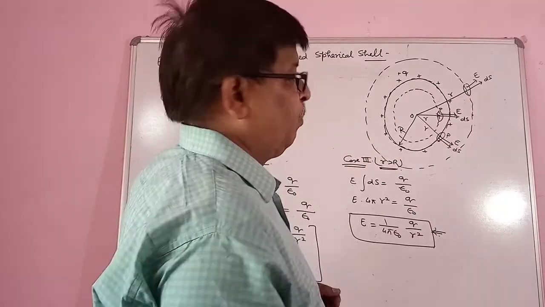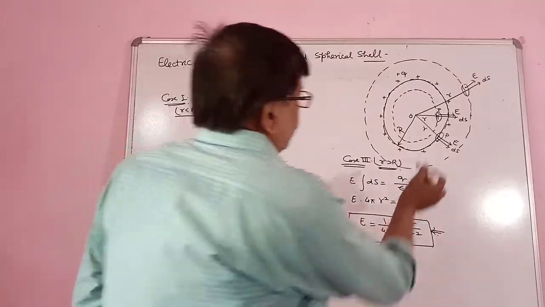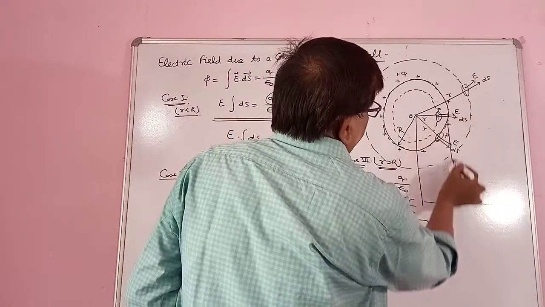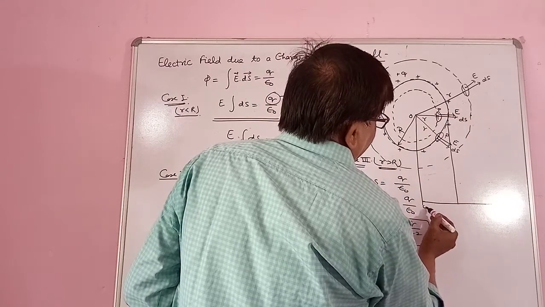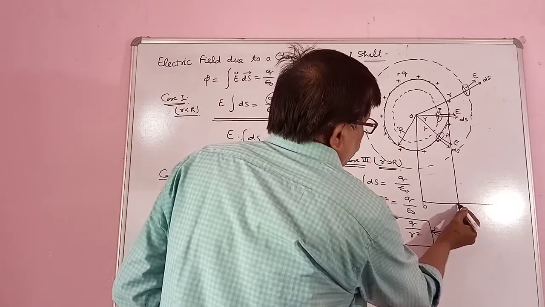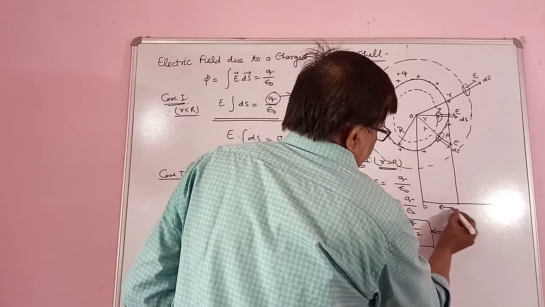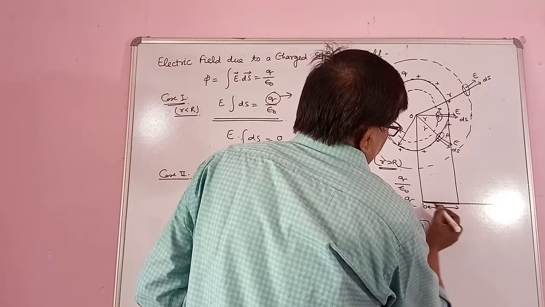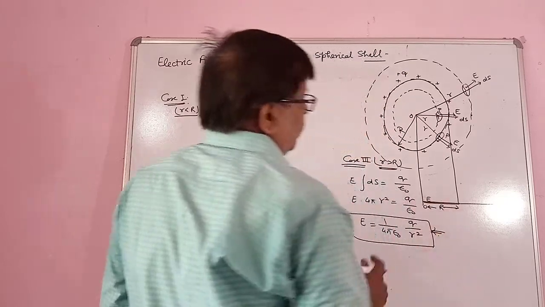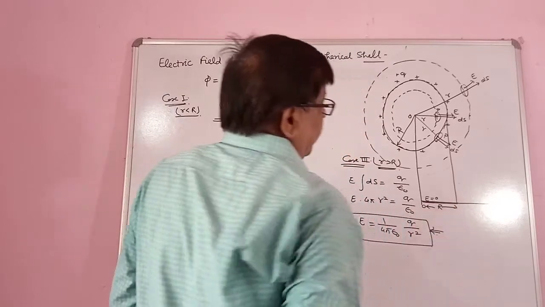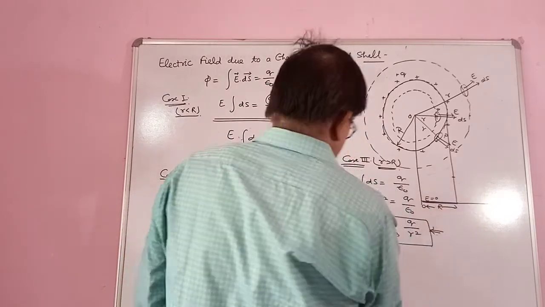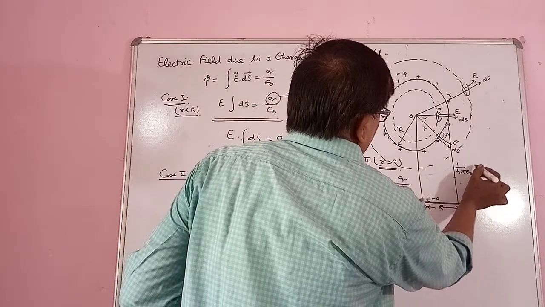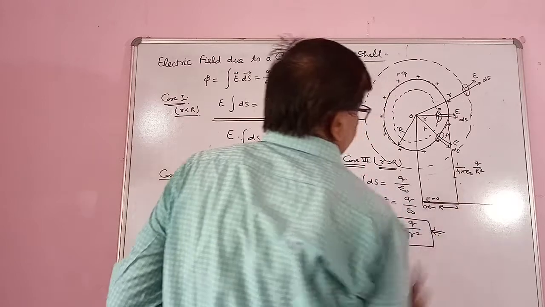If we take the graph of this, from the center to capital R, the electric field is 0. This is for E, and this will be 0. And at this point, the electric field is 1 over 4 pi epsilon naught Q over R square.